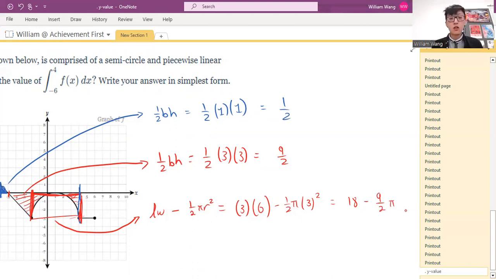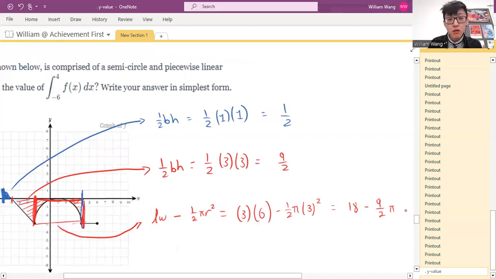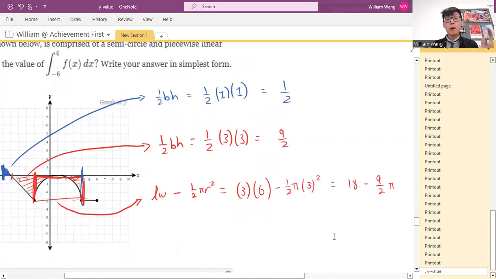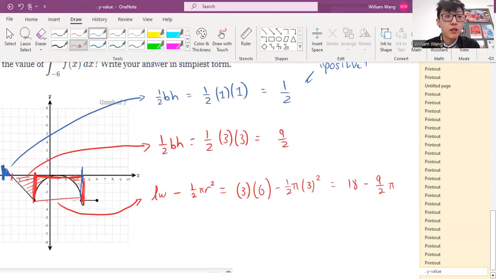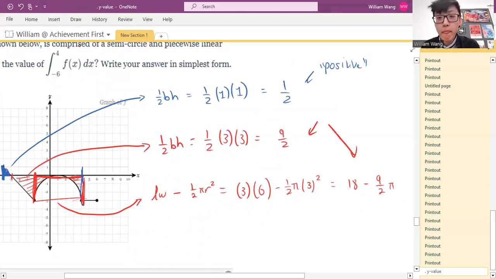All right, cool. Now the last part is I'm combining these. But remember, my blue is considered positive area. My red, both of these are considered negative. So I need to take that into account.